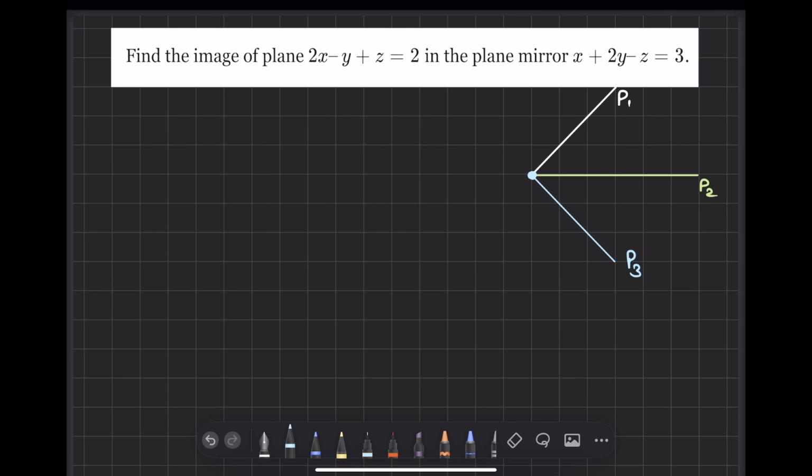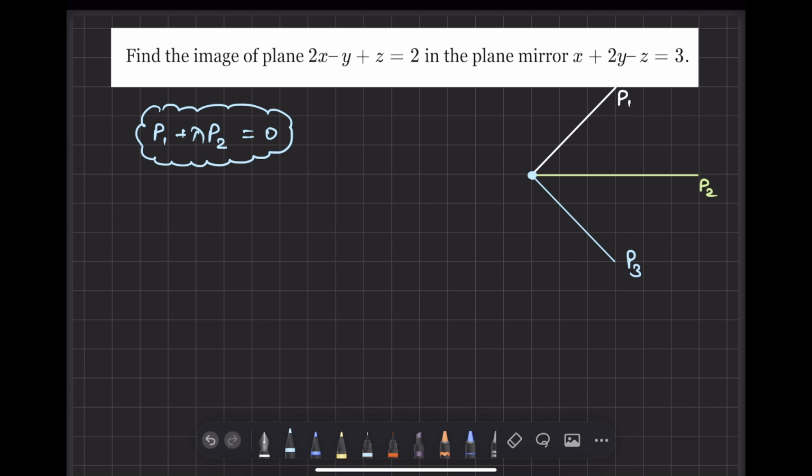So plane 3 is a plane passing through the intersection of plane 1 and plane 2. So how will you write down the equation of plane 3? Plane 3 will look like plane 1 plus lambda times plane 2.